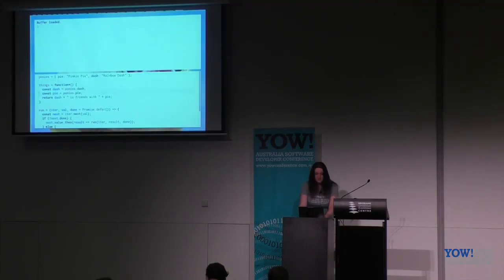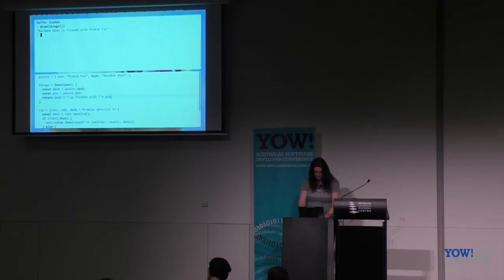Suppose we have this function here called things, which essentially, I have an object called ponies, which contain two ponies, pi and dash, keyed on pi and dash. So this function should return the fact that Rainbow Dash is friends with Pinkie Pie. Run things. So that's Rainbow Dash is friends with Pinkie Pie.